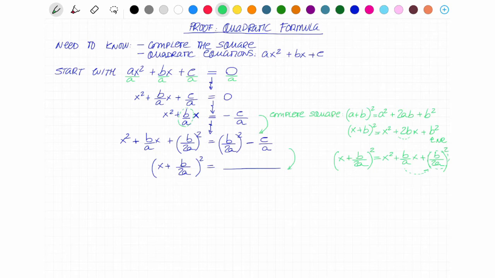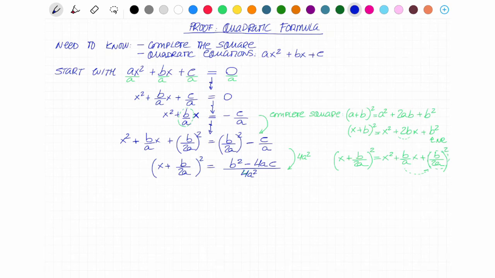So the common denominator here is going to be 4a squared. And that's going to leave us with b squared minus 4a squared over a, which is 4a times c.